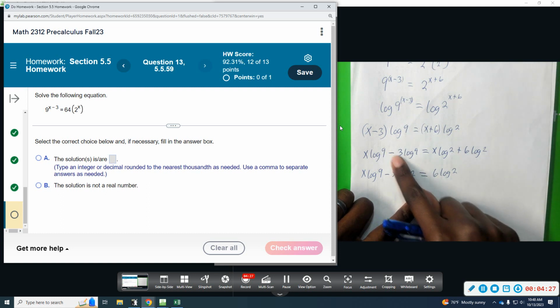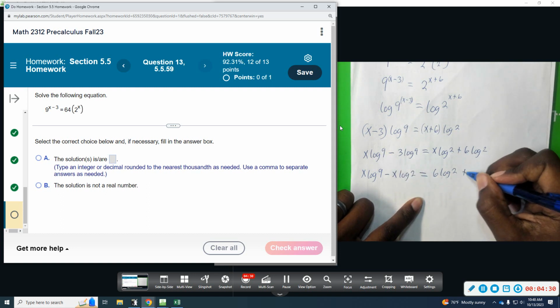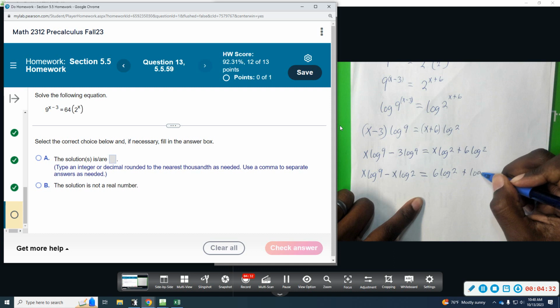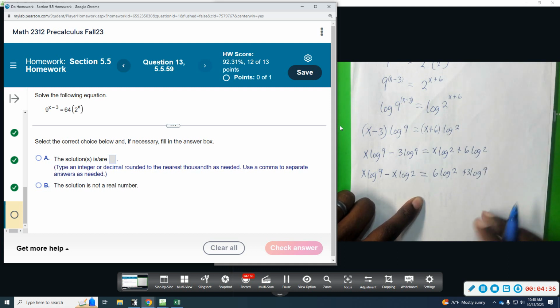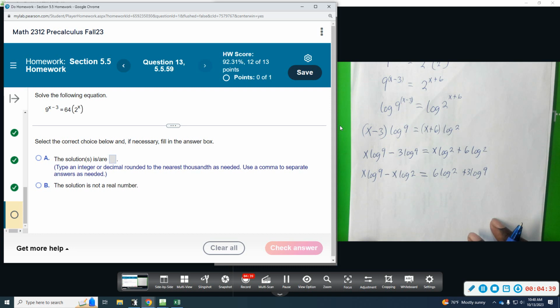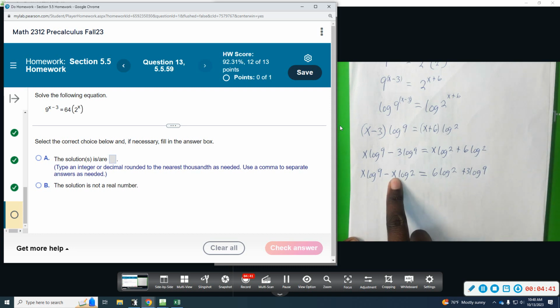And since I have to move that, it's going to be added over here: plus 3 log of 9.